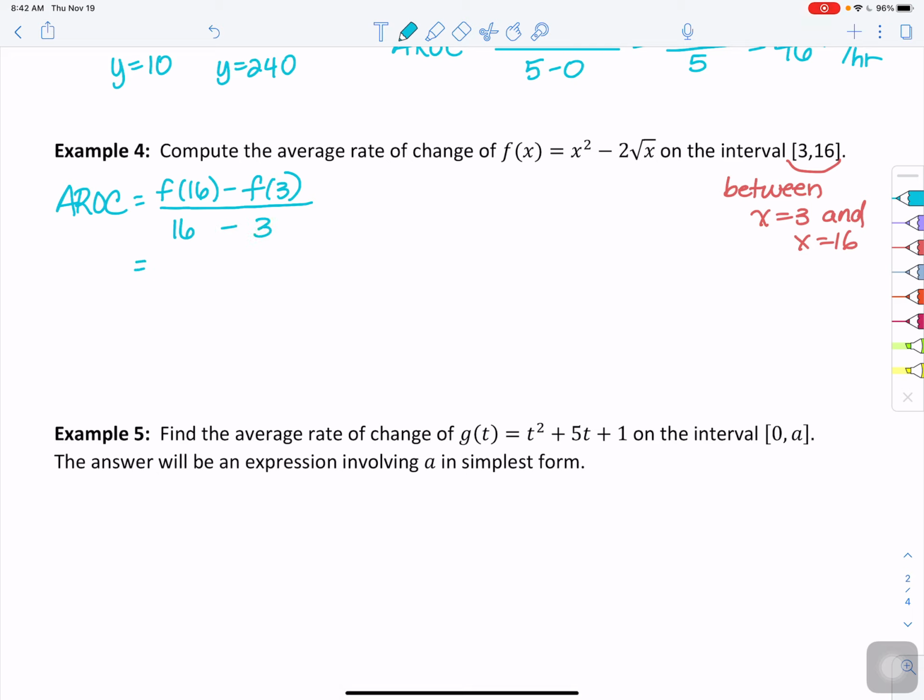So f of 16, let's go right below f of x and find f of 16. And that is 16 squared minus 2 root 16. So 16 squared is equal to 256 minus 2 times 4. So we're subtracting 8 and we get 248.